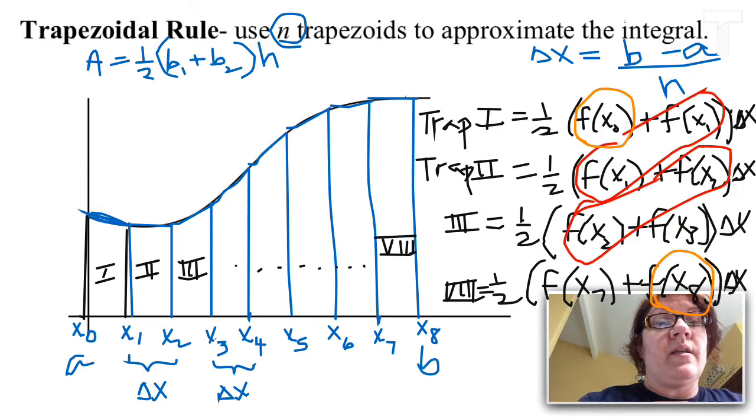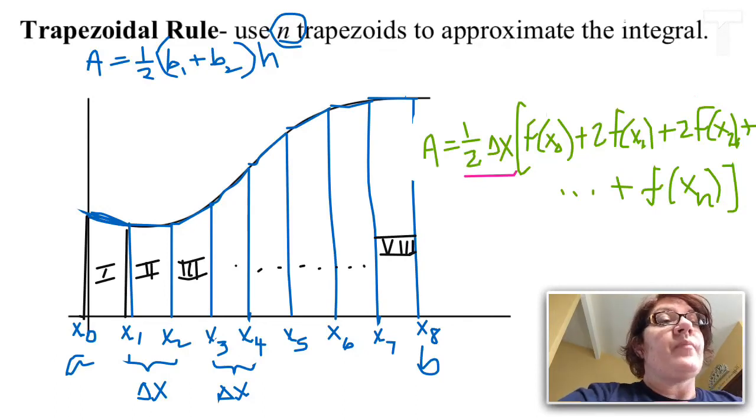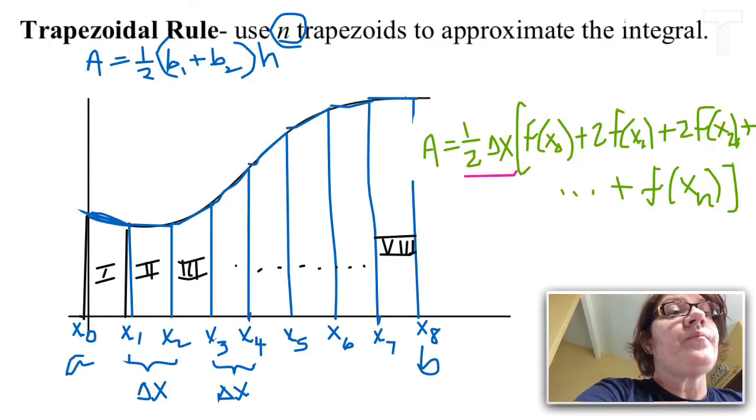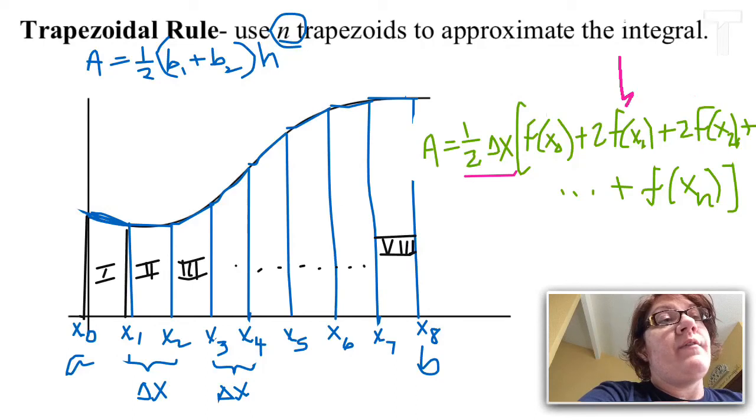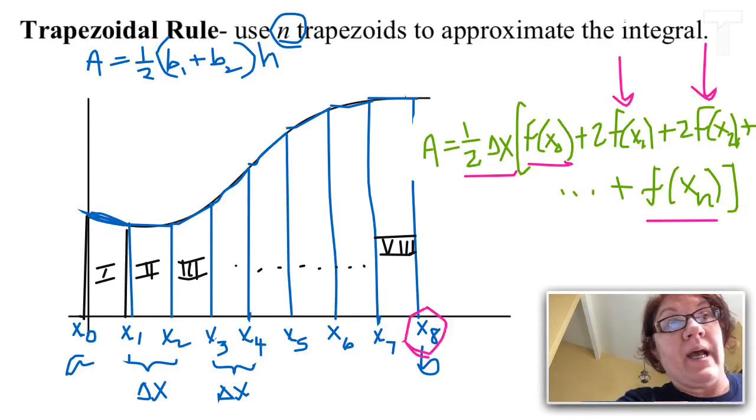So I could simplify this to this formula where I've factored out the 1/2 delta x from every term, and then I've combined all of the y values on the inside. So notice I have 2 of f of x sub 1 and 2 of f of x sub 2 and so forth, but I only have 1 for f of x sub 0 and 1 for the last x value, whatever it happens to be.